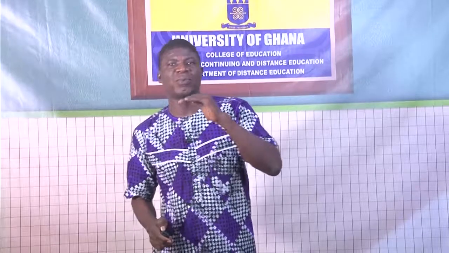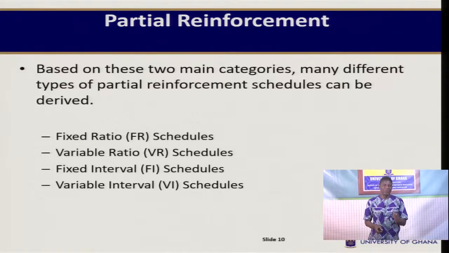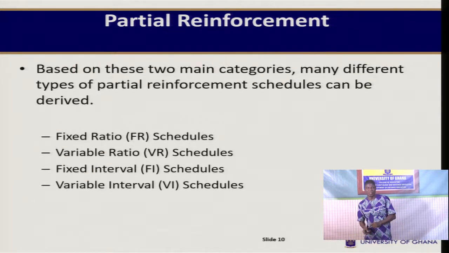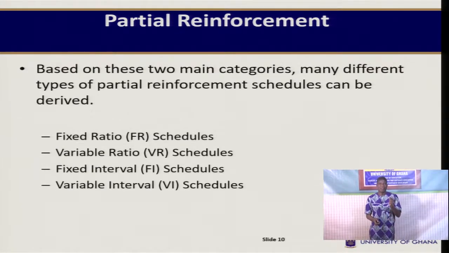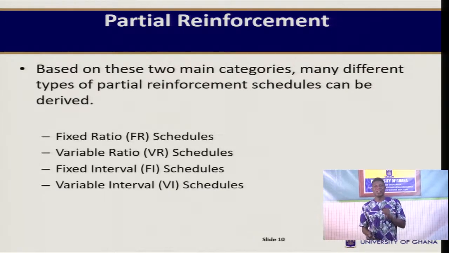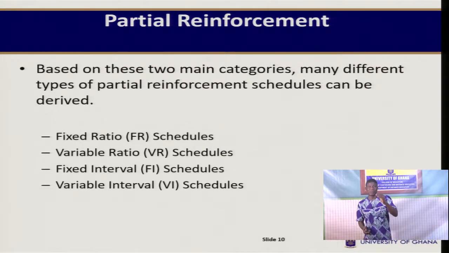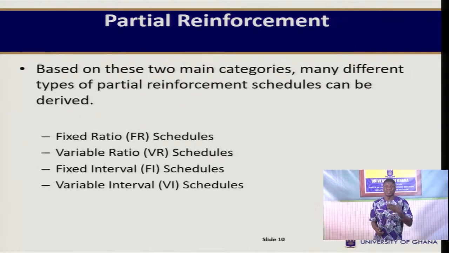But these 2 have their subtypes that we're going to be looking at. So we can have fixed ratio schedules, variable ratio schedules, fixed interval schedules, and variable interval schedules. So you can see that it is the previous 2 types that we've broken down into these 4 main types we're going to be describing.